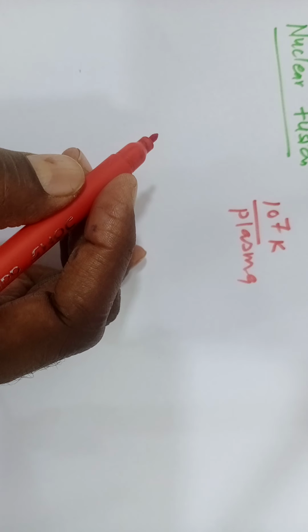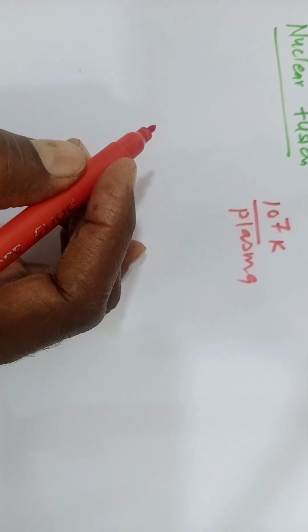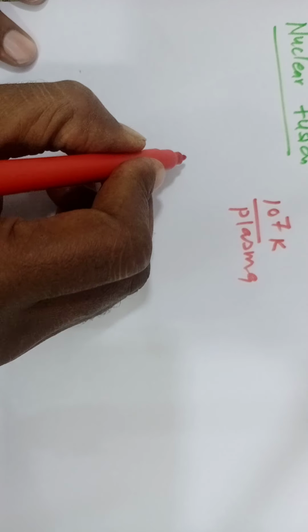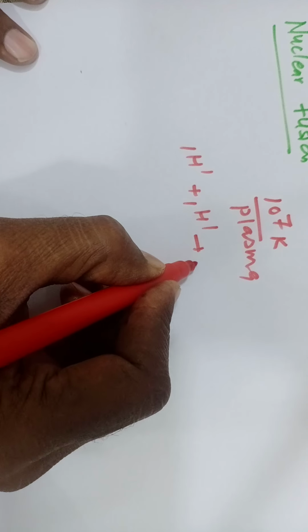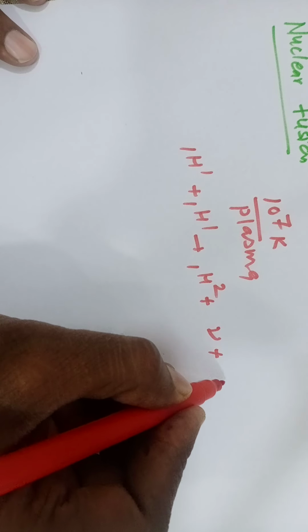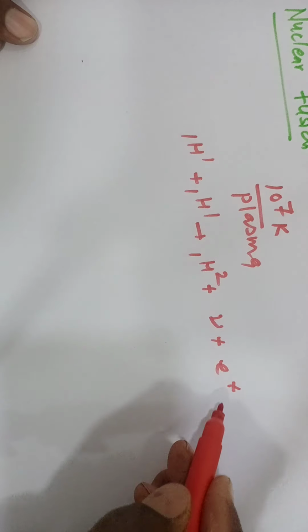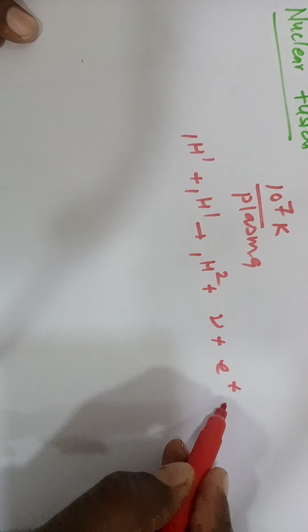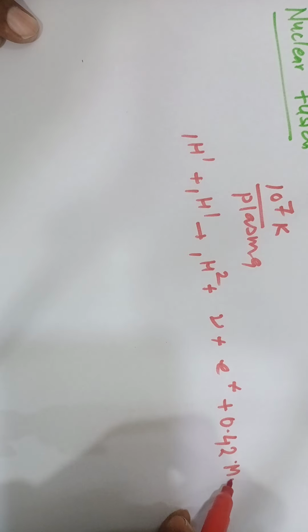The reaction takes place between the hydrogen atoms, a thermonuclear reaction, in which one hydrogen fuses into another hydrogen and forms deuterium and releases energy, a neutrino particle, and a positron, the electron's antiparticle, which was given by Anderson, and then energy 0.42 million electron volt.